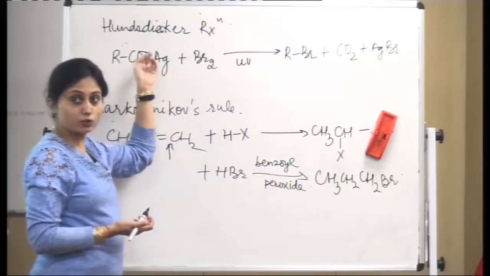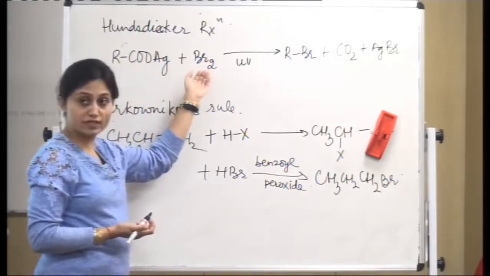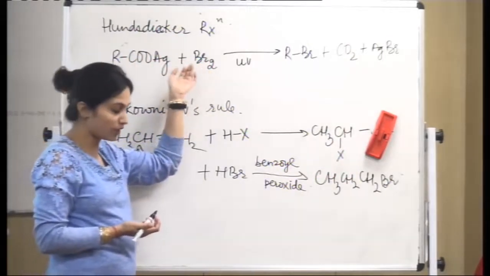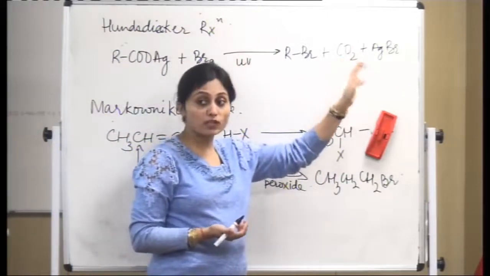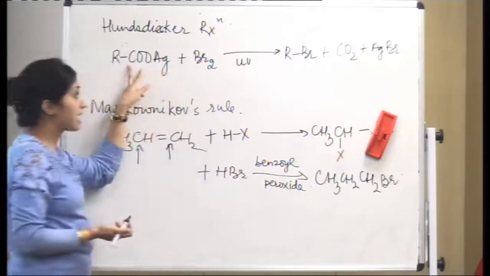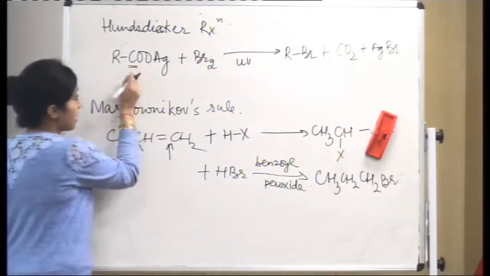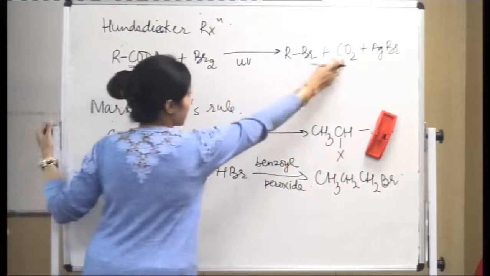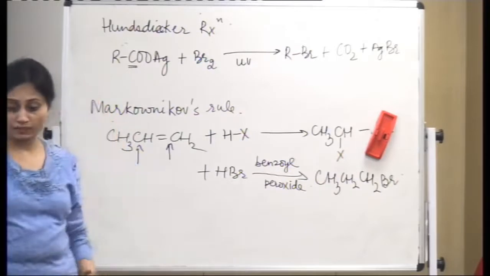It will give you the silver salt. When you add silver salt of carboxylic acid plus bromine, it gives you RBr plus CO2 plus AgBr. The special feature is that the number of carbon atoms is now one less, because this carbon goes out as carbon dioxide. So one carbon has been lost.